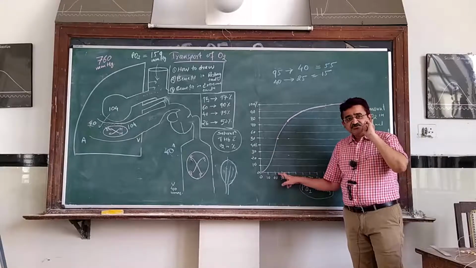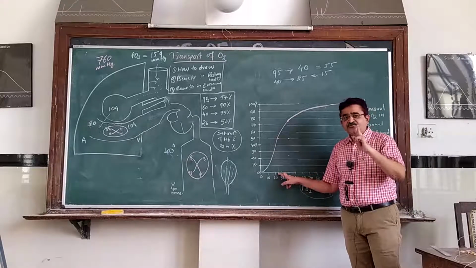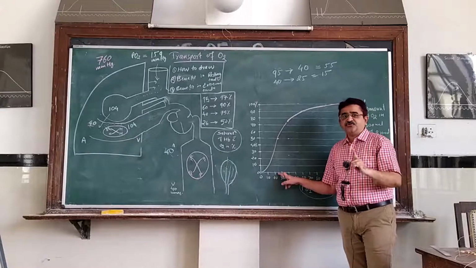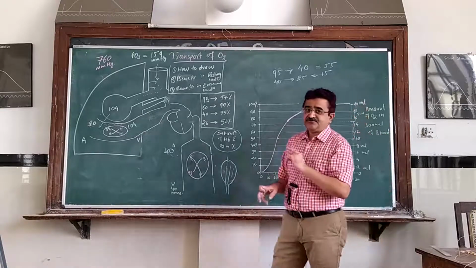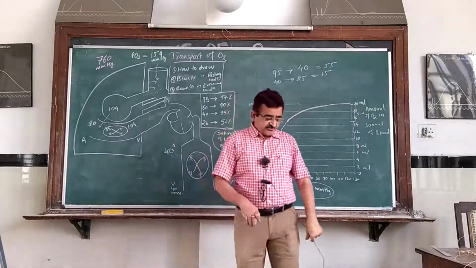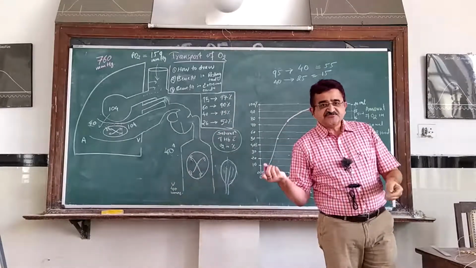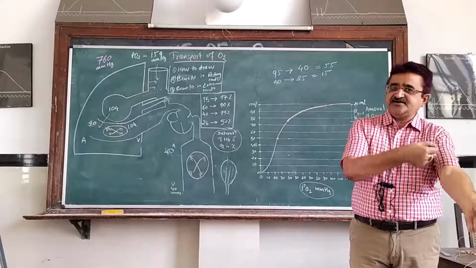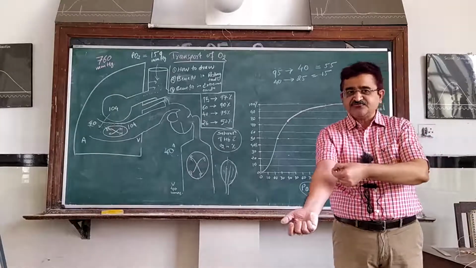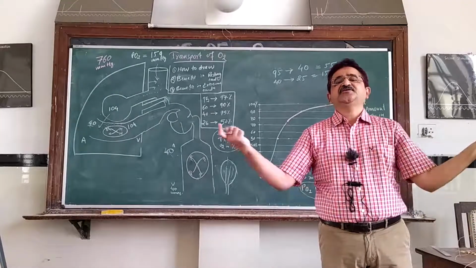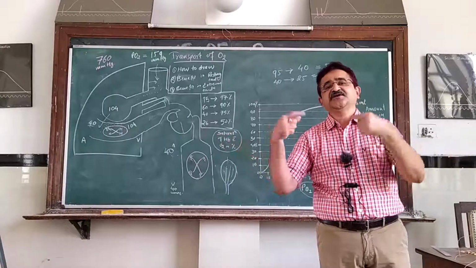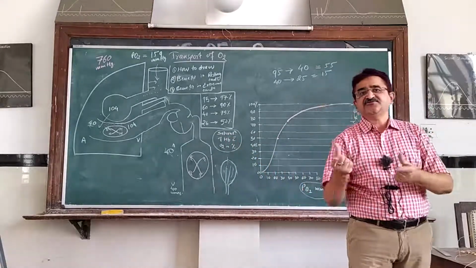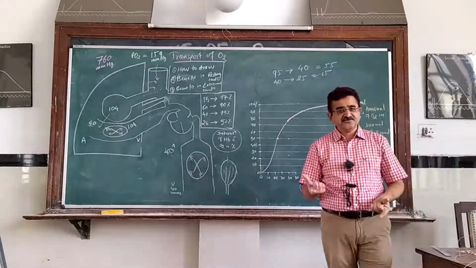So to deliver 10 ml of O2, the PO2 should fall to 25 millimeter of mercury. But what we do is measure the partial pressure of O2 in the artery, and we measure the partial pressure of O2 in the vein, and what is seen is that the partial pressures are normal, that is 95 as well as 40 millimeter of mercury.